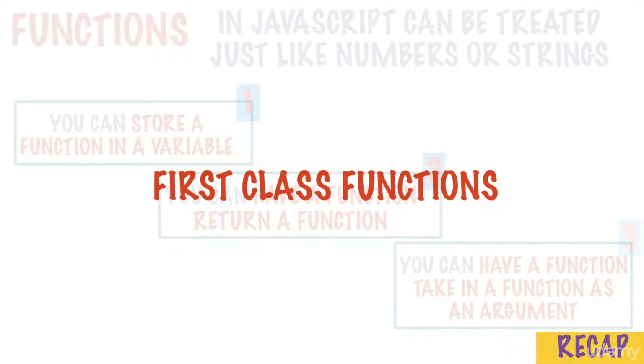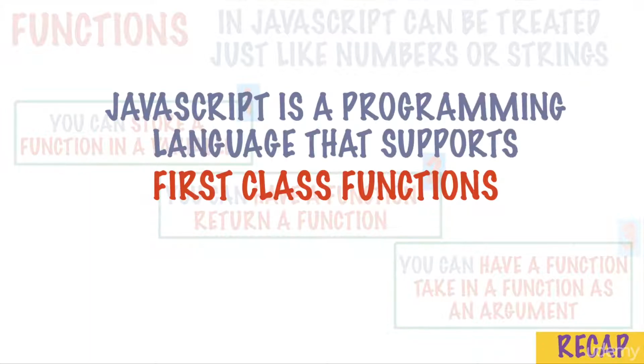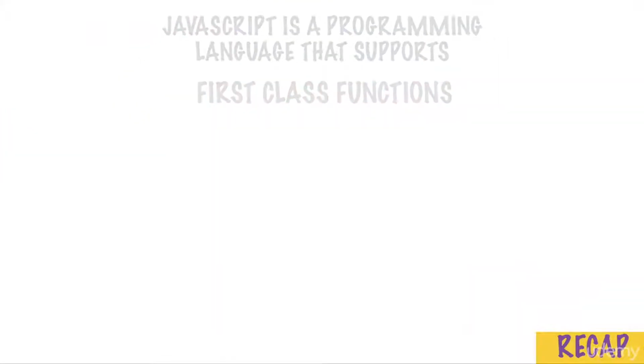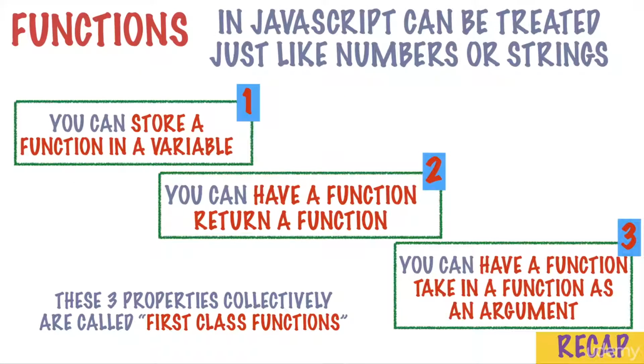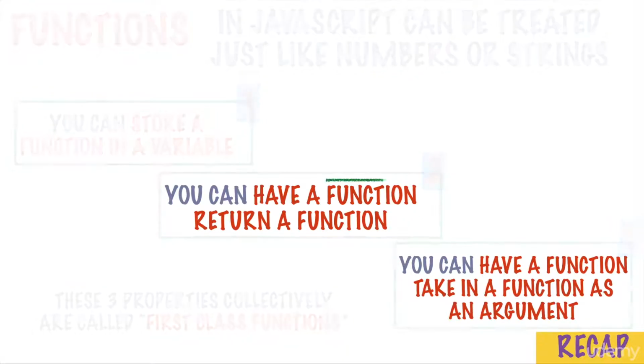So in summary, remember that functions in JavaScript are first-class functions, which gives JavaScript programming a slightly functional flavor, just like functional programming languages. Now, we'd mentioned that functions in JavaScript can return functions as its return value or take in functions as its input argument.